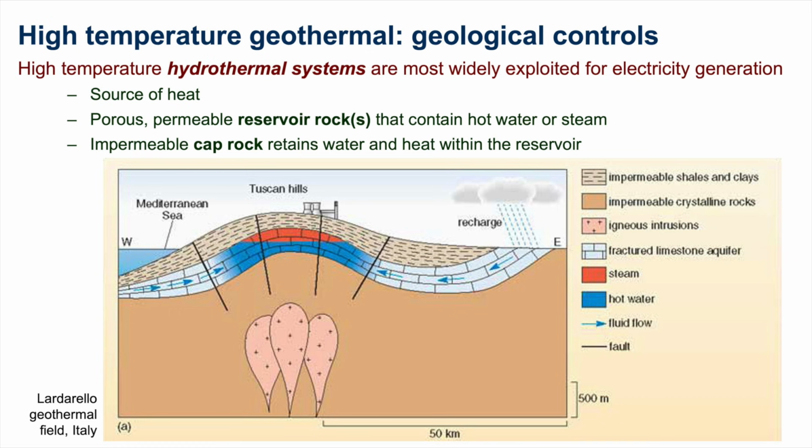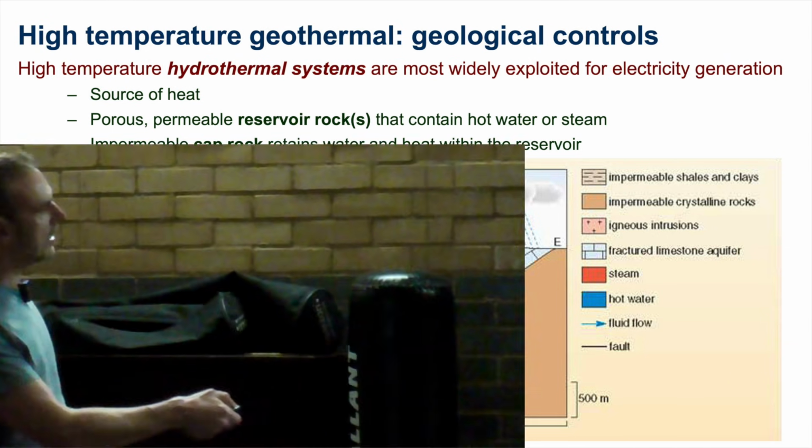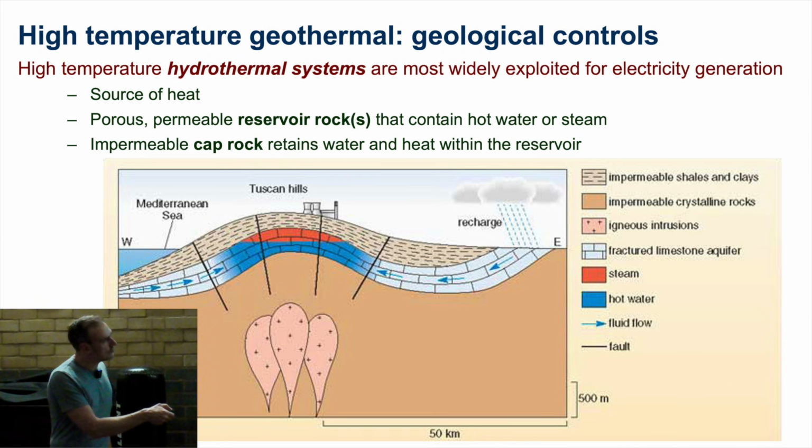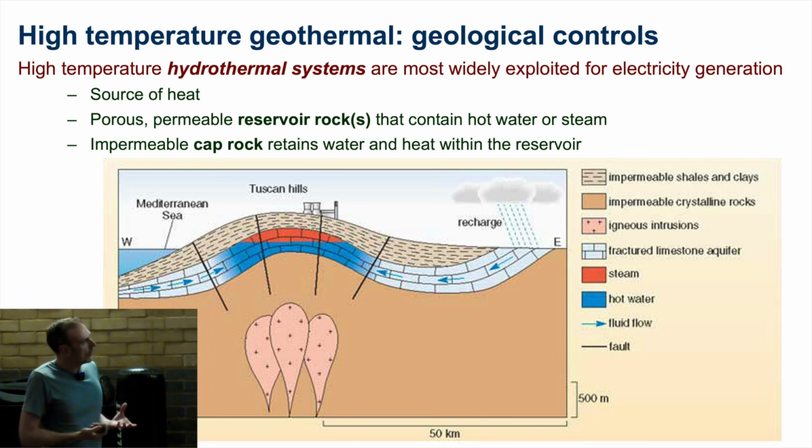So one of the reservoirs we can look at here is Larderello in Italy. That's part of a rifting region, an intercontinental rift. And in fact, that's associated with some very recent intrusions of granite, which is still very hot. And the great thing about Larderello is it brings all the elements together that we need for an active geothermal system. We have a source of heat from these recent intrusions.